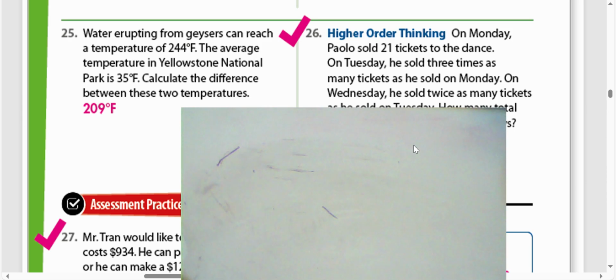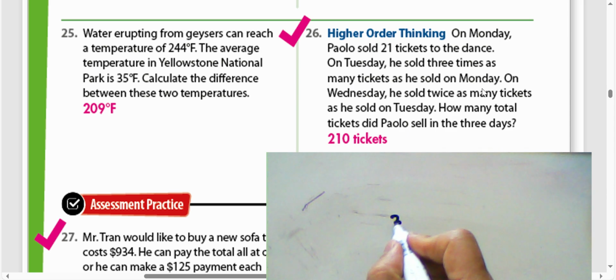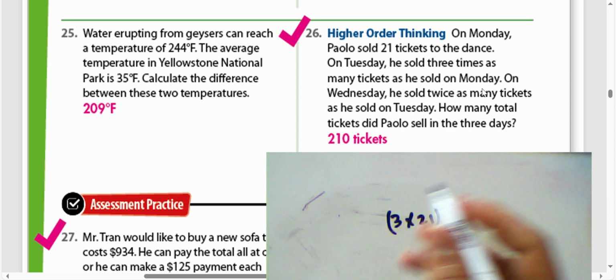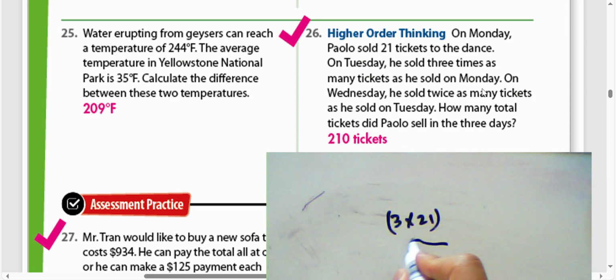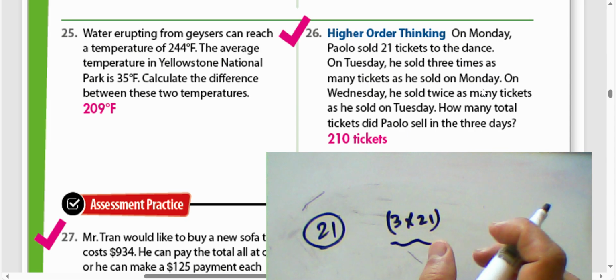Next question, higher thinking. On Monday, Polo sold 21 tickets to a dance. On Tuesday, he sold 3 times as many tickets as he sold on Monday.